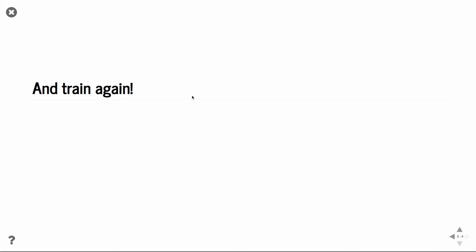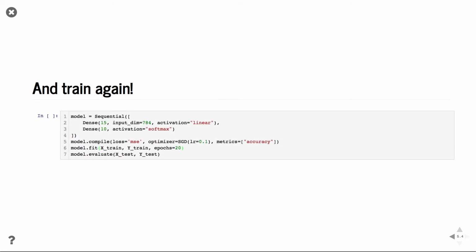So as we did before, we're going to actually calculate our example. This time we've got 784 input nodes, our pixels, and our hidden layer consists of 15 cells. The activation is linear, so we're going to multiply our resulting values by just 1. And then we've got 10 output nodes.